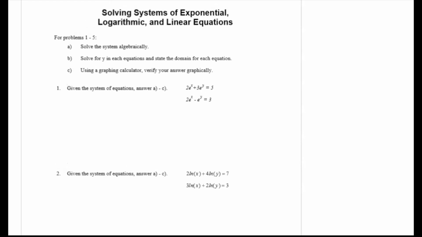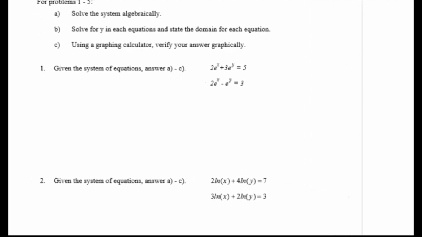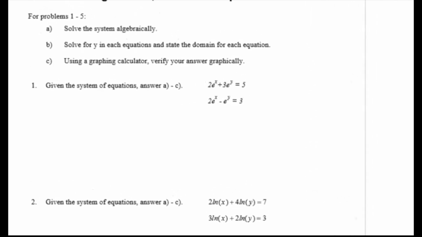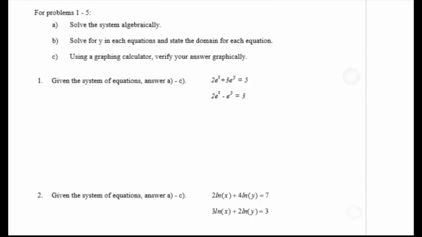But the first 2 problems, they say, solve the system algebraically. So if we were to solve this system algebraically, we need to either do elimination or substitution, something like that, in order to solve for the x and y. This first example is probably easier to do if we do it by elimination.